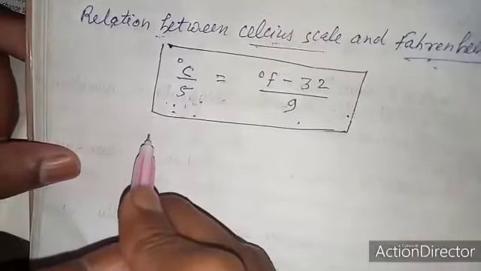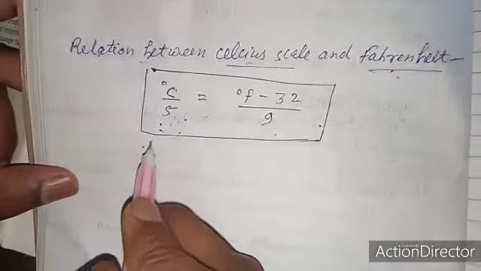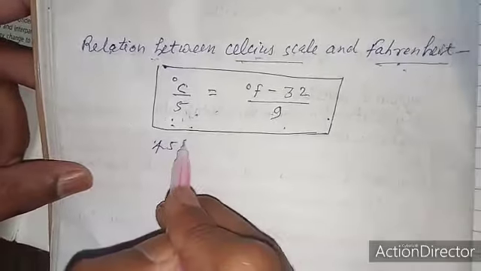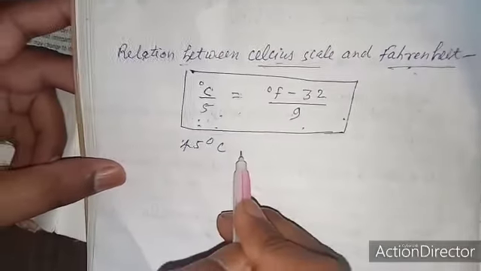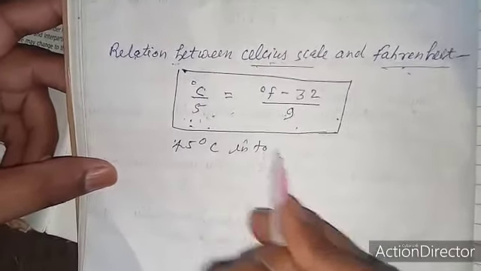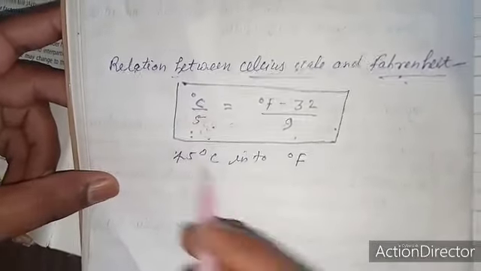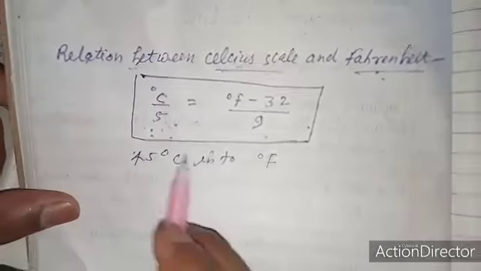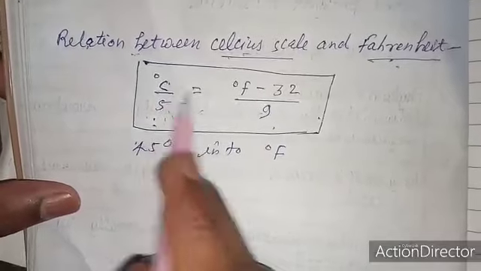Let us see by an example. Convert 45 degree Celsius into degree Fahrenheit. Put this value in this formula.